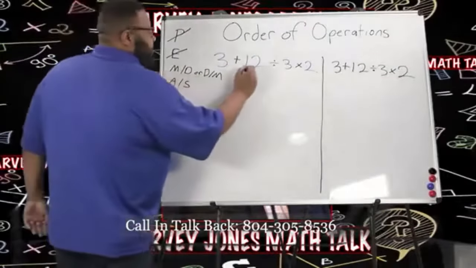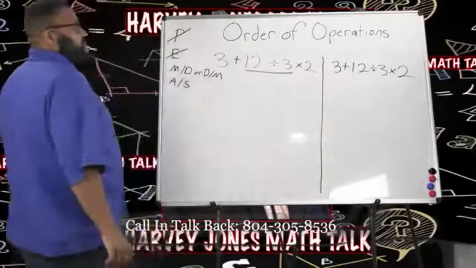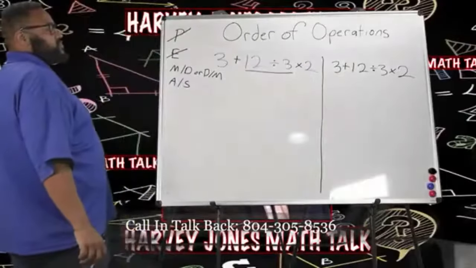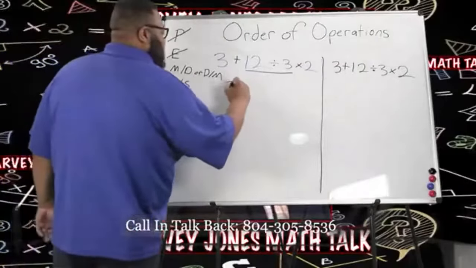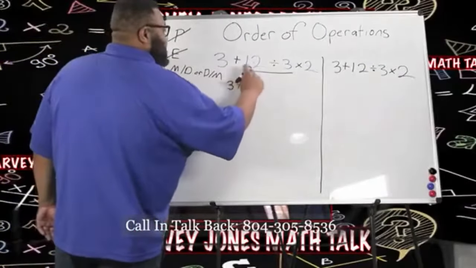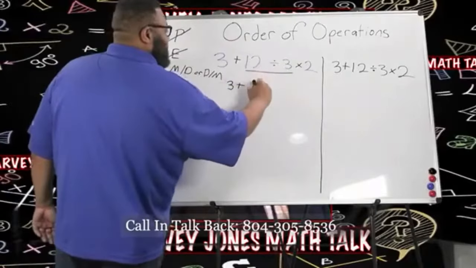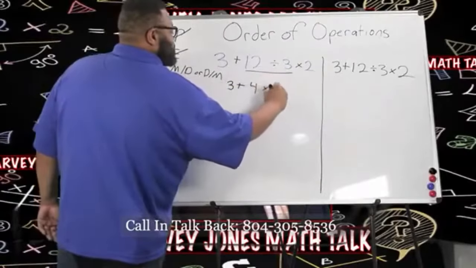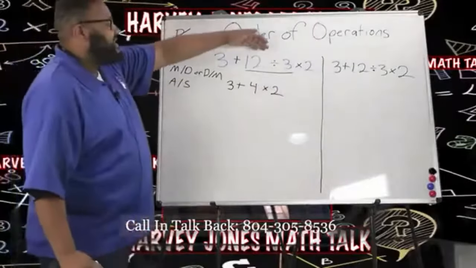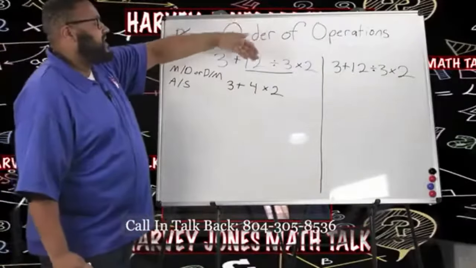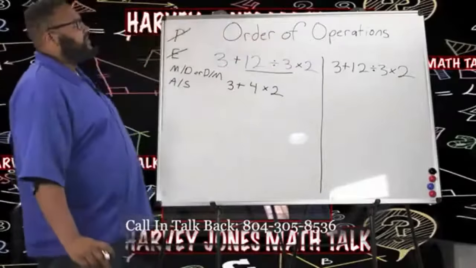In this case, what comes first? 12 divided by 3. So I keep my 3 plus 12 divided by 3 is 4 times 2. So I do the operation. I call it simplifying. Okay?